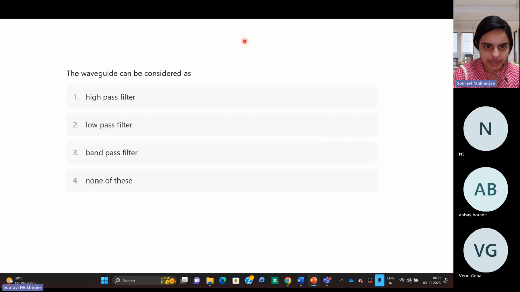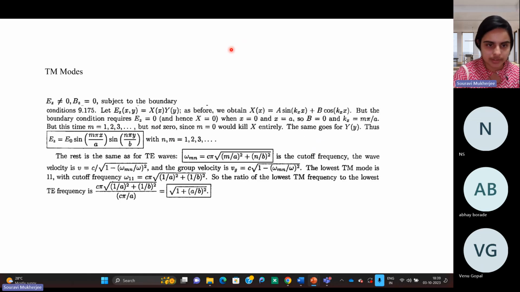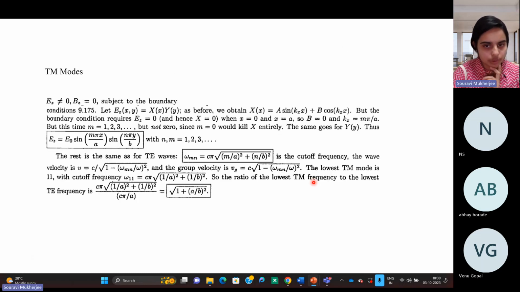So look at this expression. This is the cutoff frequency, right? Whether it's a TM mode or a TE mode, it's basically the same. One thing that we noted is that the lowest TM frequency and the lowest TE frequency are not the same. Why? Because the lowest mode for TM is 1 1, while the lowest mode for TE is 1 0.